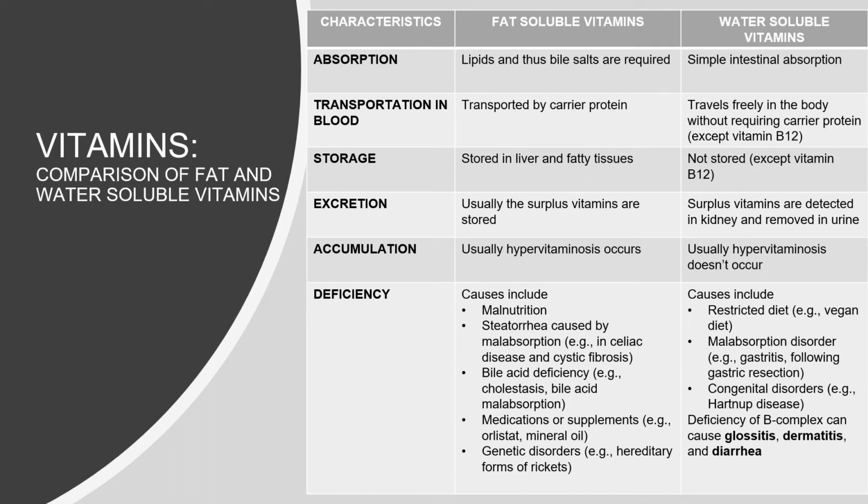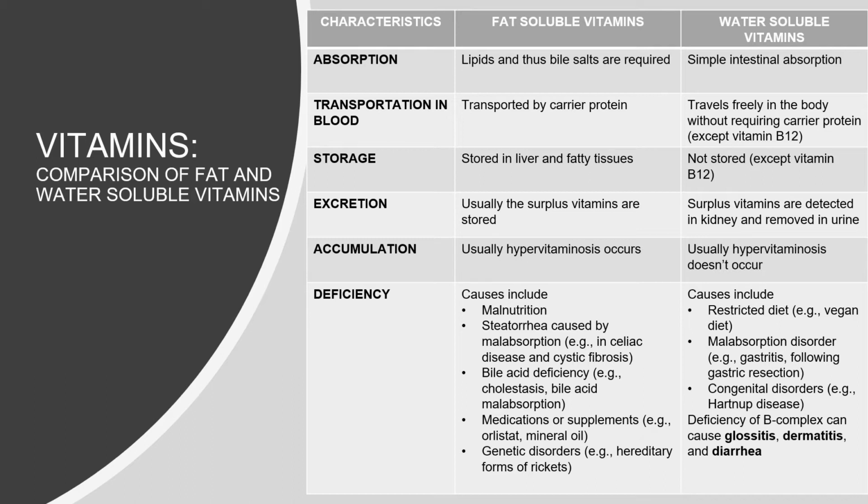If we're talking about fat-soluble vitamins, it means that they are hydrophobic. So it means that in order to get absorbed, they need lipids. And while they need lipids, they need bile salts. Water-soluble vitamins do not need either of them.